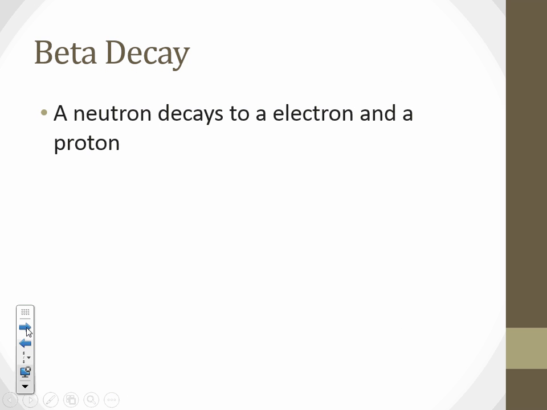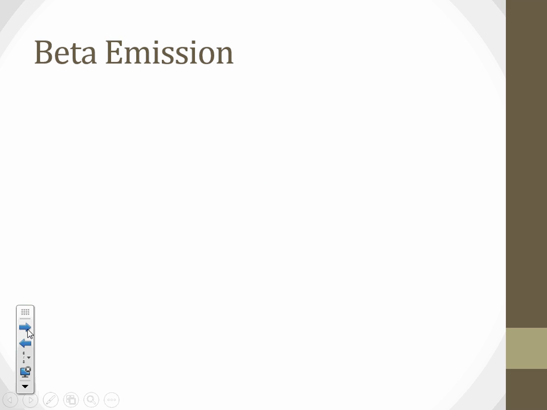In beta decay, a neutron decays into an electron and a proton. So another way we can, let's write that again. A neutron decays into a proton, which is going to be a hydrogen, okay, and the electron, minus 1 charge, no mass. We also call that beta emission.